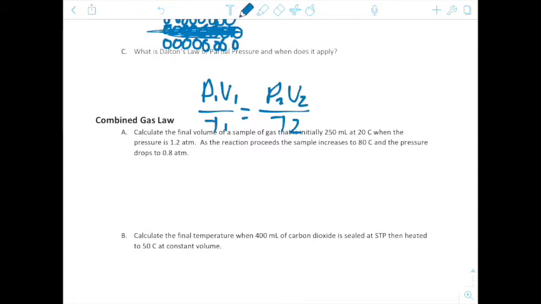As the reaction proceeds, the sample increases to 80 degrees Celsius and the pressure drops to 0.8 atmospheres.